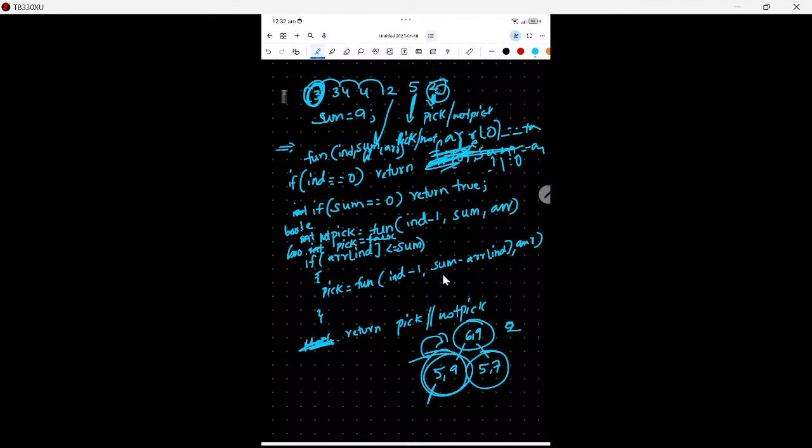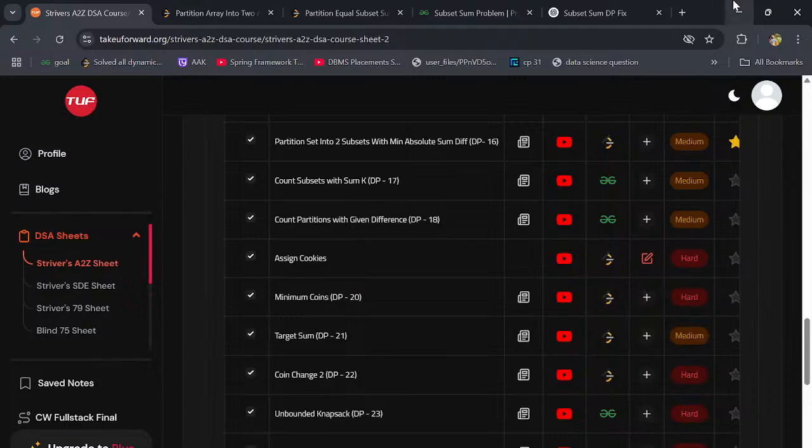If index is less than 0, return 0. We don't need this. When sum equals 0, return 1. That's it. So return pick plus not pick. Other than this, nothing will be changed. You need the count, right?